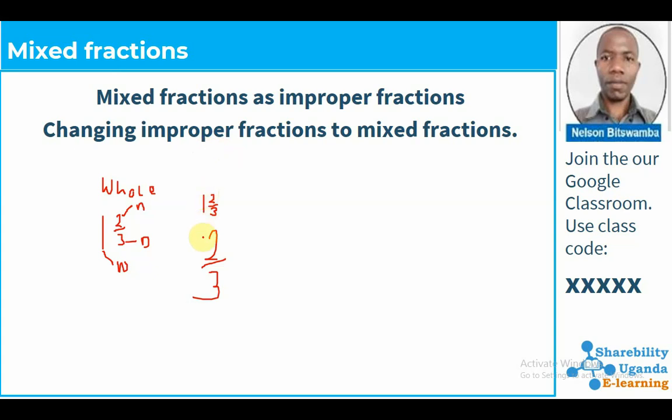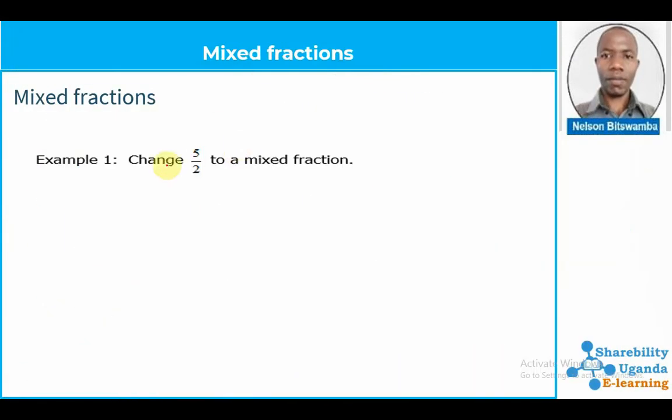So as we have been given this example, they are telling us to change 5 out of 2 to a mixed fraction. How can we change this? There are several methods that we can use. One is using the equivalent fractions, or the fractions that when added come up with this.